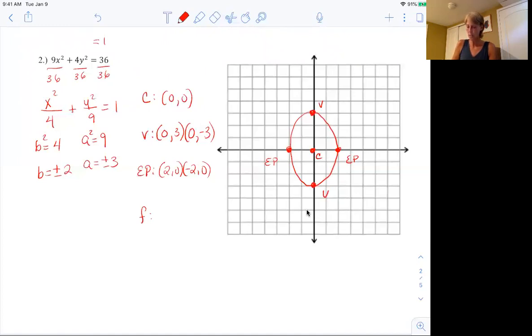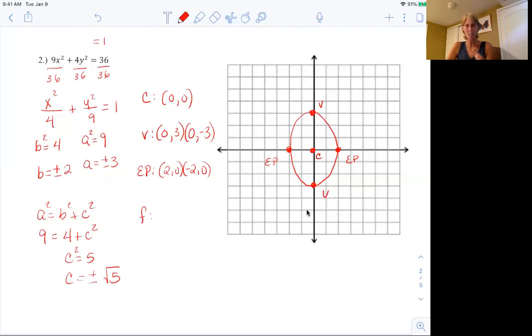To get the foci, I'm going to go back over a squared equals b squared plus c squared. 9 equals 4 plus c squared. C squared equals 5, so c equals plus or minus radical 5. Now I have a little bit of a dilemma. How do I plot radical 5? How do I move radical 5 boxes? Well, basically, you estimate.